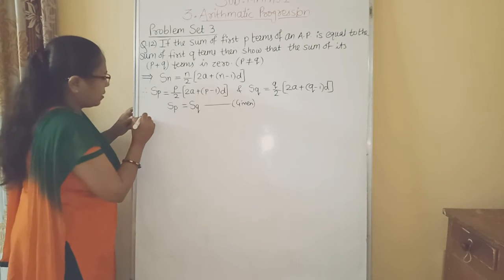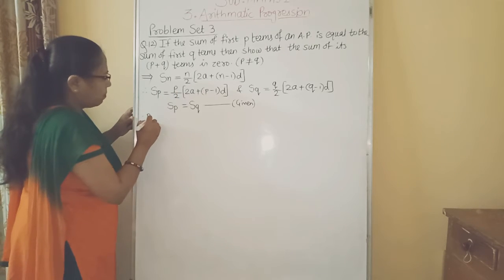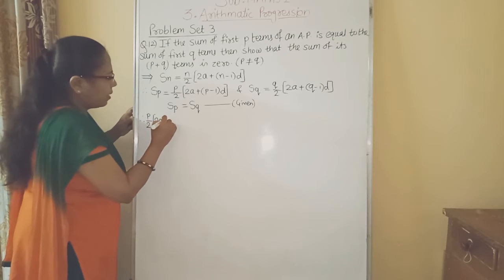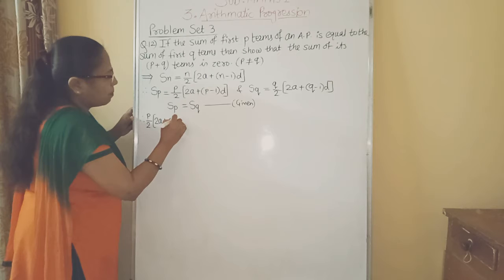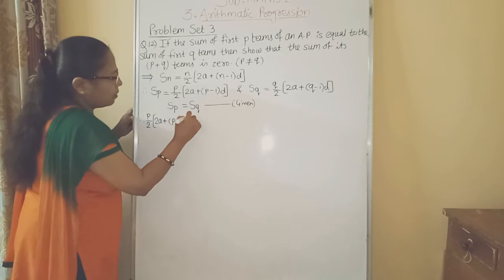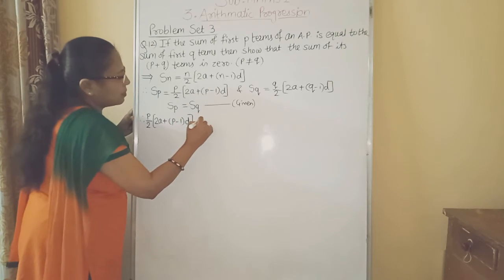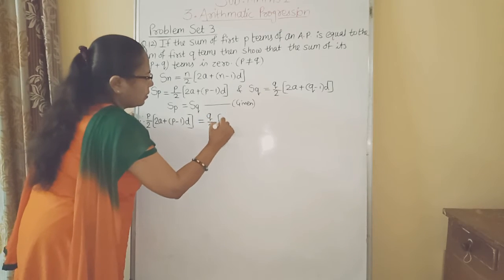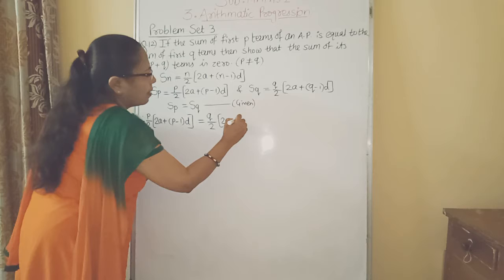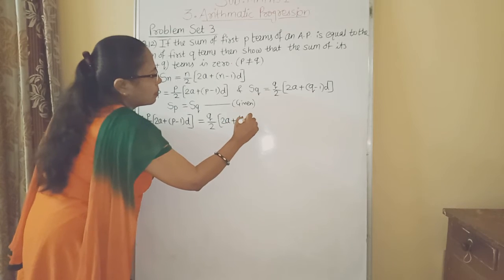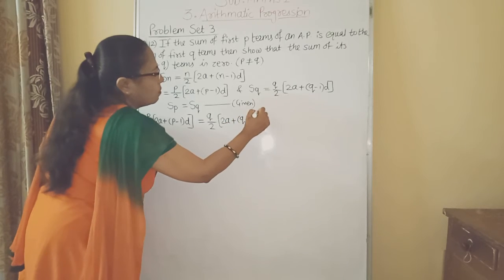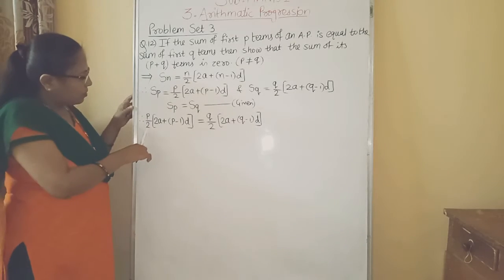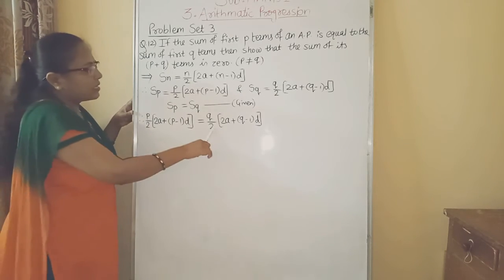SP we calculated, therefore p upon 2 into bracket 2a plus p minus 1 into d is equal to q upon 2 into bracket 2a plus q minus 1 into d. Follow this? Now see student, from both the sides these two get cancelled.